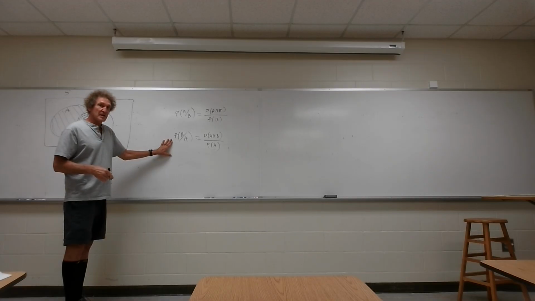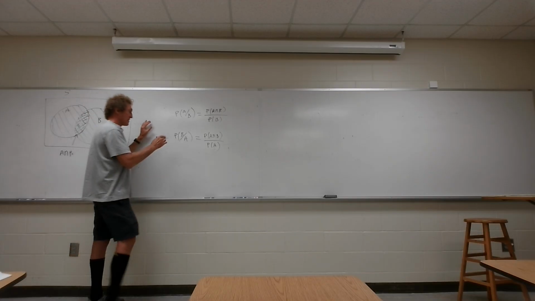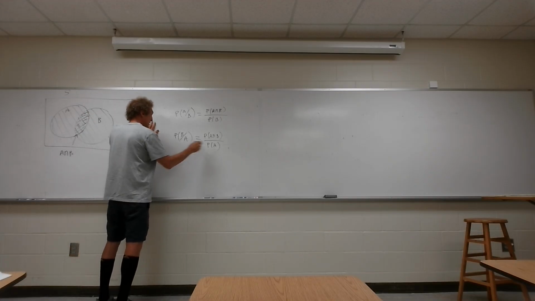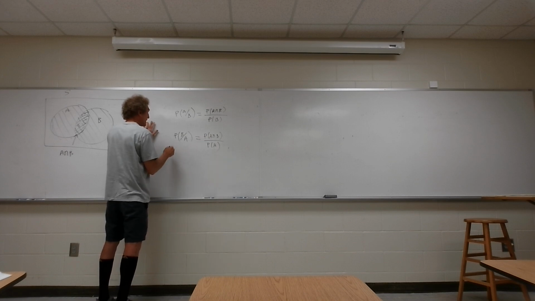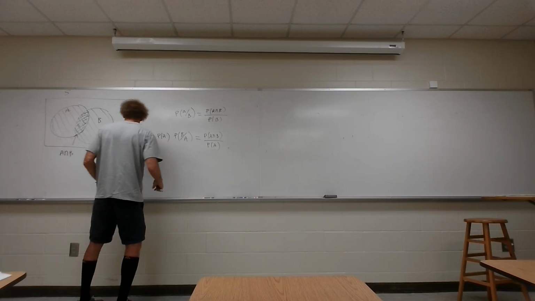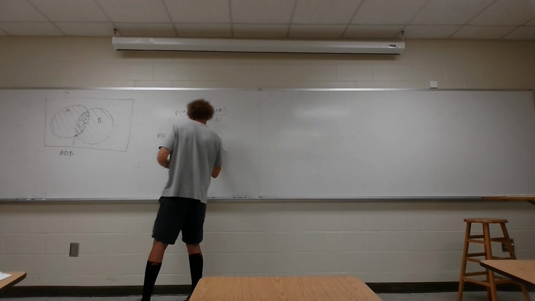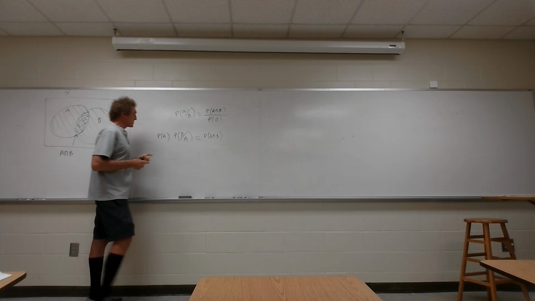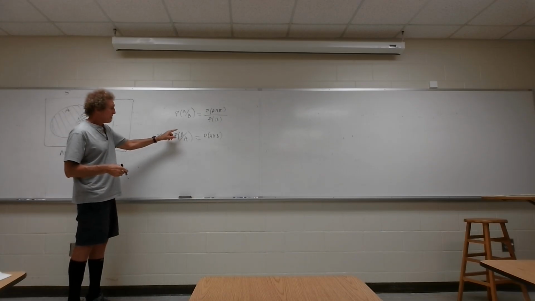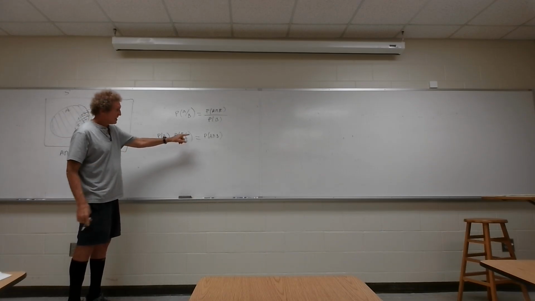Now if I take a look at this, I can say P of A intersect B is going to be P of A times P of B given A occurred.